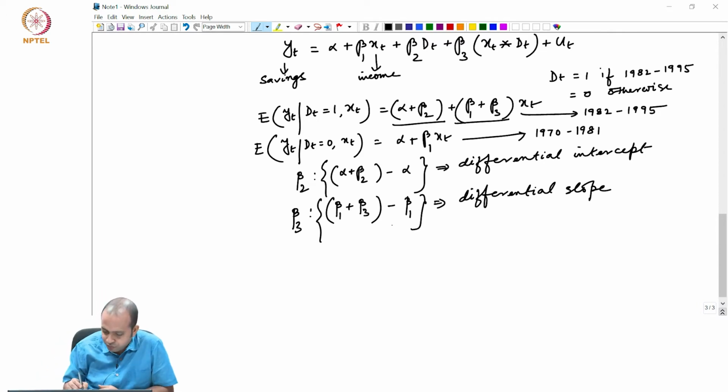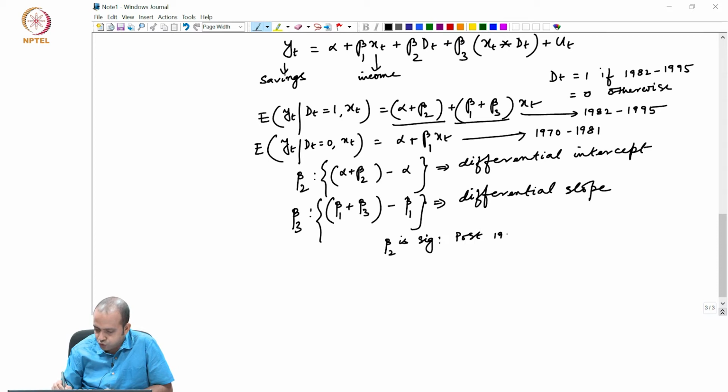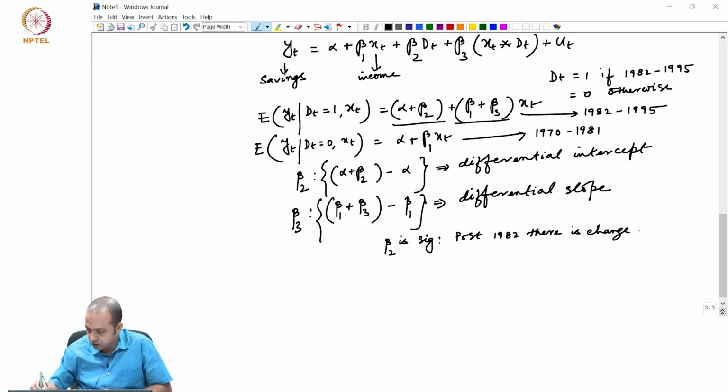So, if beta 2 is significant, we will say that post 1982 there is change in intercept.